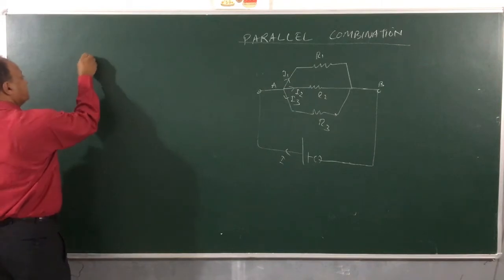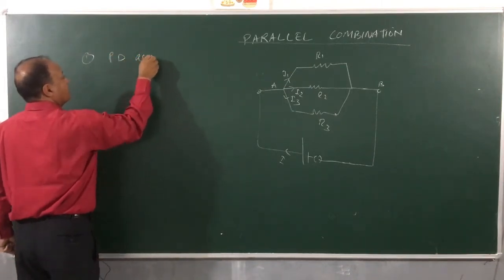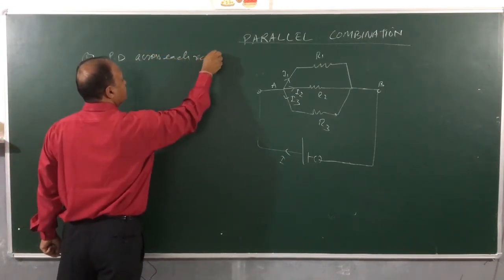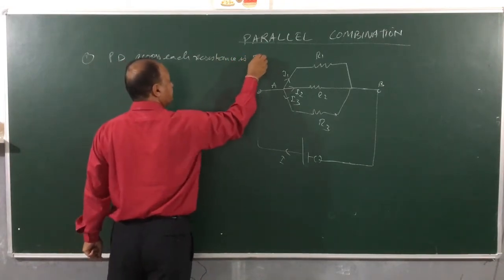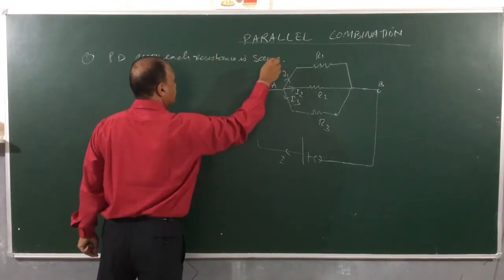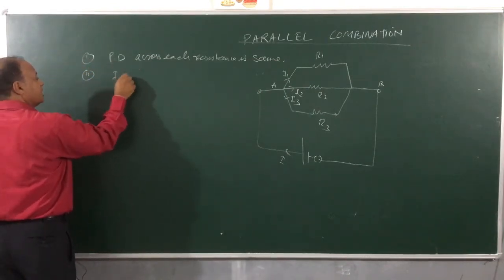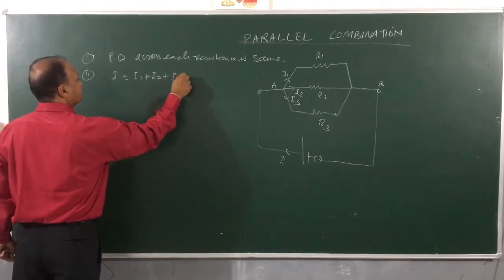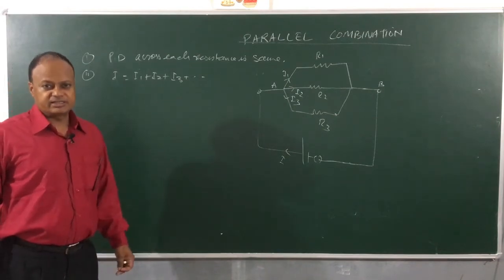Number 1, potential difference across each resistance is same, and second is current supplied by the battery is equal to sum of currents flowing through individual resistances.